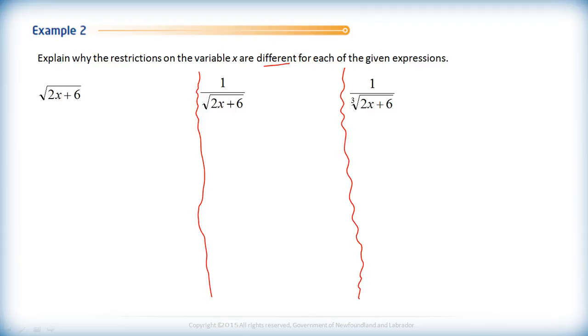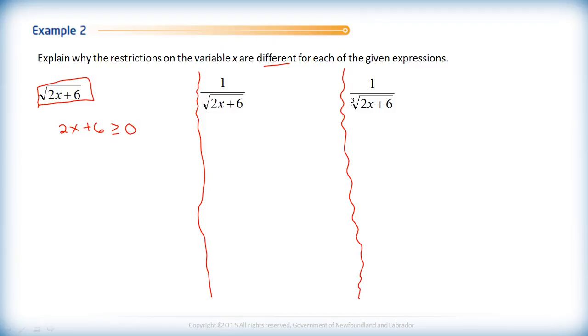So for the first one that we have here, it's just square root of 2x plus 6. For that expression, we don't have to worry about division by 0. It's only the square root business. So the stuff that's inside there, which is the 2x plus 6, the radicand, can be a positive number or it can be 0, and we'd still be okay.